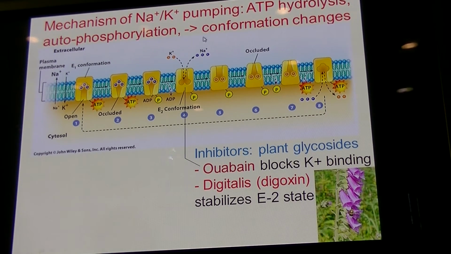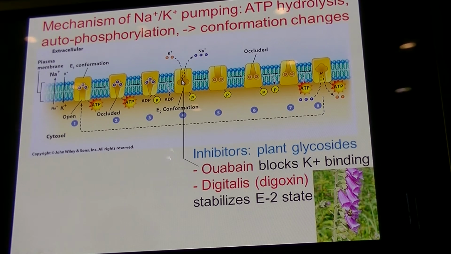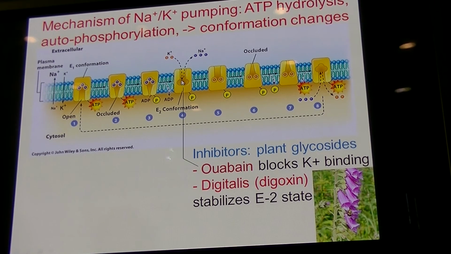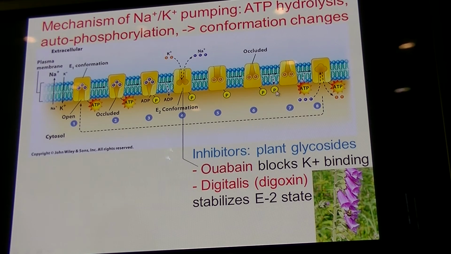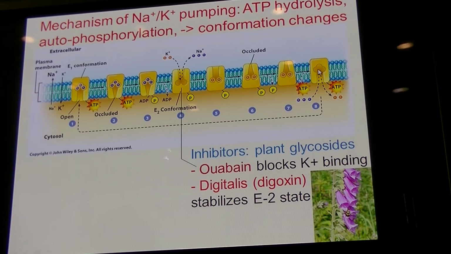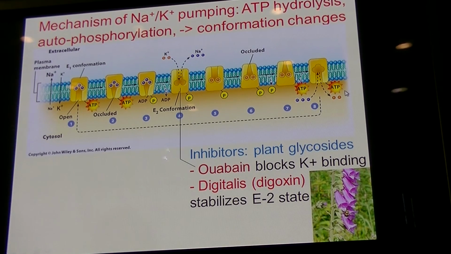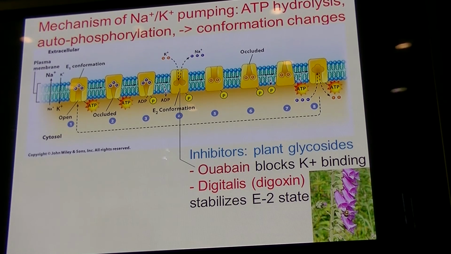So sodium can move out, and it was 3 sodium that binds. Potassium can now bind, and it's 2 potassium that can bind. When the potassium has bound, the molecule can ultimately become dephosphorylated, and then it flips back to the E1 conformation. The potassium can flow out, and the molecule can be binding ATP again.